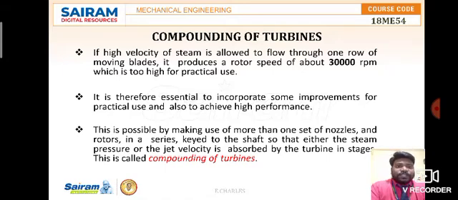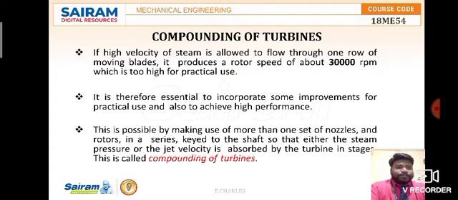Hence it is essential to incorporate some improvements for practical use and also to achieve high performance. Since it is not possible to make the turbine rotate at 30,000 rpm, we have to think in a practical way how to achieve high performance.